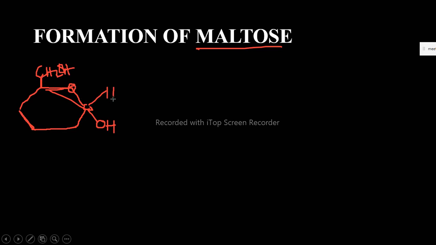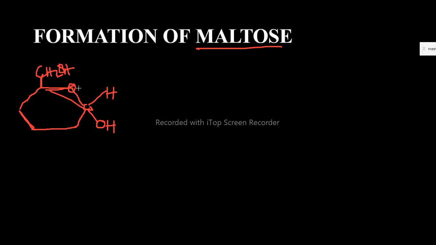Does it make sense now? Like you have said that it has six carbons, but again you are saying that one is oxygen and another an alcohol. Okay. So this is the ring structure of glucose, and this is how it is.